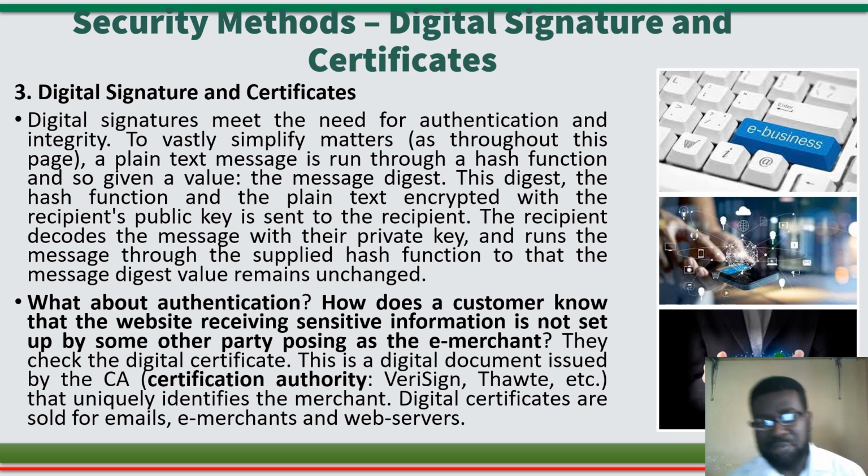This digest, the hash function and the plain text put together are encrypted with the recipient's public key and sent to the recipient. Now the recipient decodes this message with their private key and runs the message through the supplied hash function, so that the message digest value remains unchanged. Now all these are just an explanation of how the digital signature and certificate works.